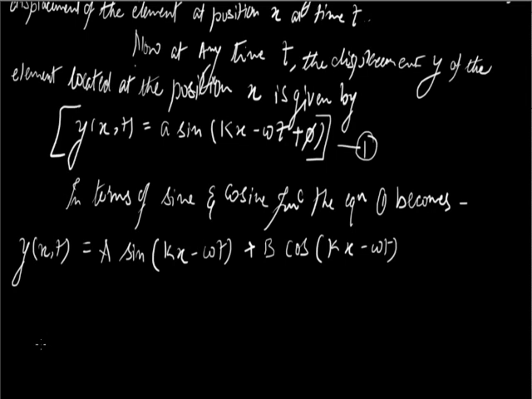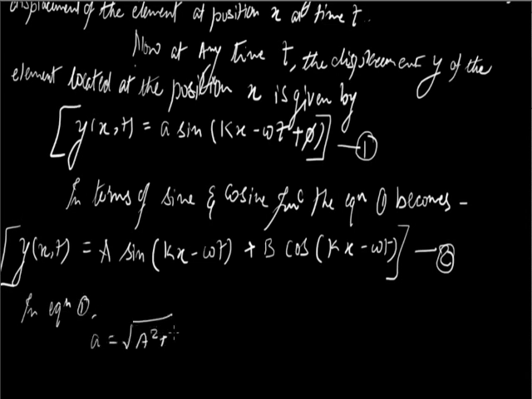Now in this equation we have amplitude A and we have phi. Let us suppose this is equation 2. In equation 1, A is the square root of a squared plus b squared, and the angle phi equals tan inverse of b upon a.